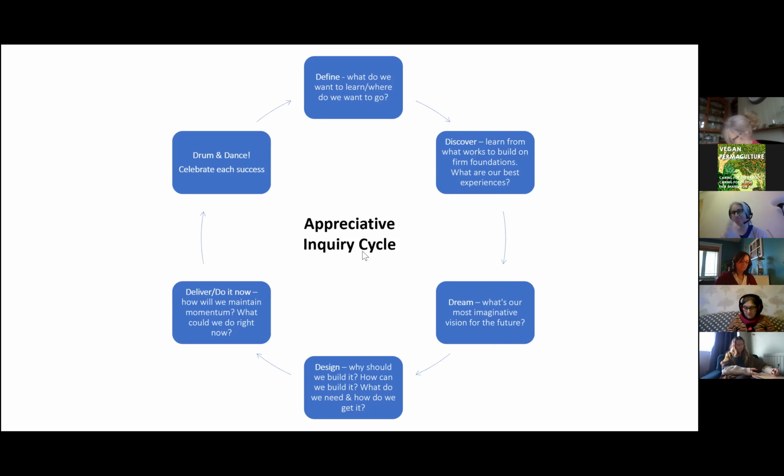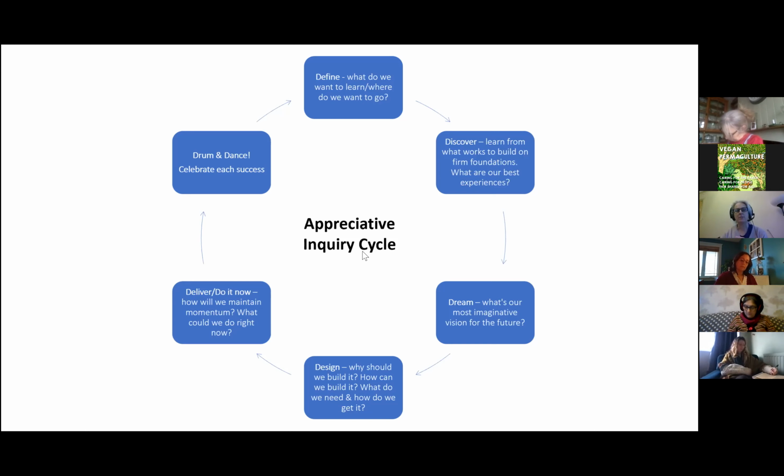And as you'll know, if you've done that kind of thing, and you may well have done with your projects about visioning where you want to go, once you've articulated a vision and it's very detailed, it does motivate you more to want to make it happen because it becomes much more real for you. And then design and deliver are the obvious project planning type things of how am I going to make this happen? And then do it now, get on and do it.